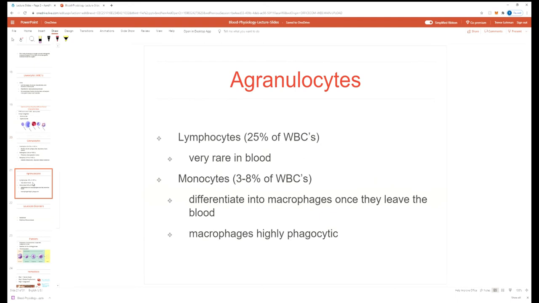Agranulocytes are just lymphocytes and monocytes. Lymphocytes are actually very common. They're 25% of all white blood cells, but they're very rare in the blood, which is unusual for a white blood cell. That's because lymphocytes actually live within your lymph system. I wish we could cover the lymphatic system, but basically your circulatory system is a closed loop, however it's leaky.